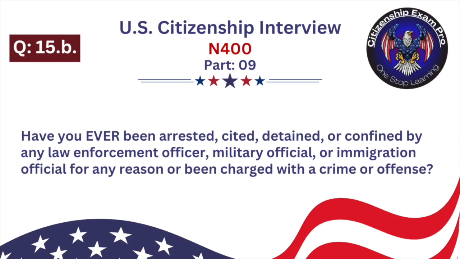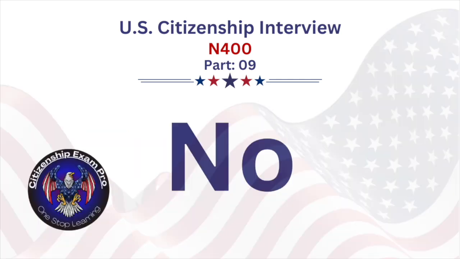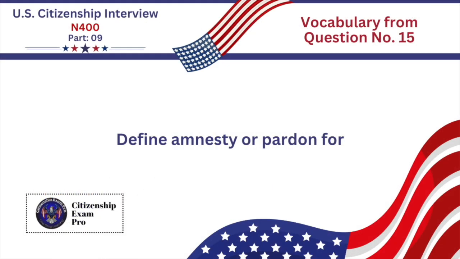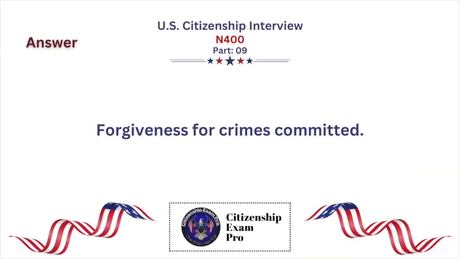Have you ever been arrested, cited, detained, or confined by any law enforcement officer, military official, or immigration official for any reason, or been charged with a crime or offense? No. Define, amnesty or pardon for. Forgiveness for crimes committed.